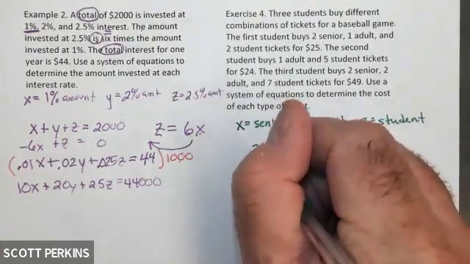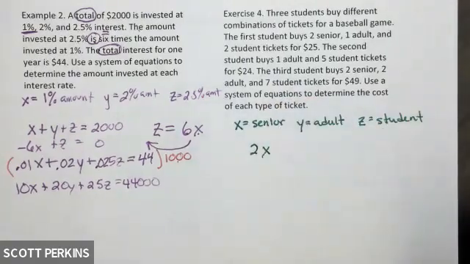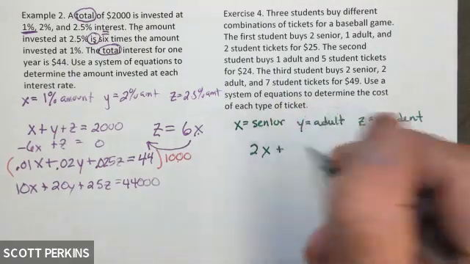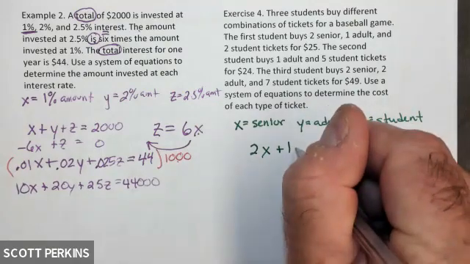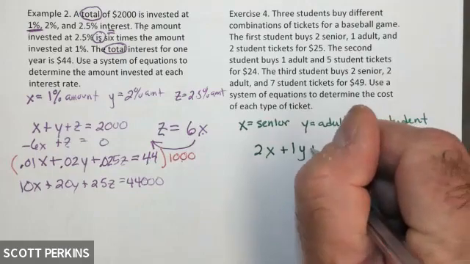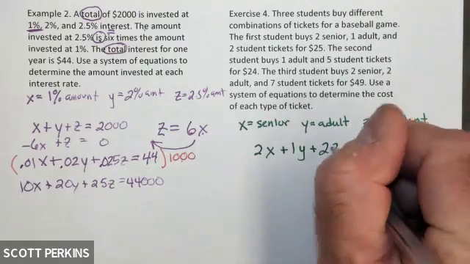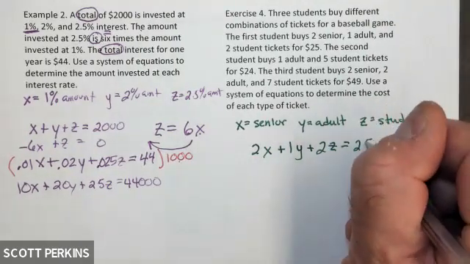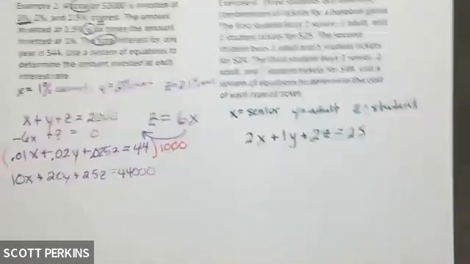So 2 times whatever letter for senior, I used x. 1 adult, so I'm going to write the 1 times whatever letter used for adult, which I used y. And then 2 times students, so I used z for students, and that is equal to 25. Okay, there's my first equation.